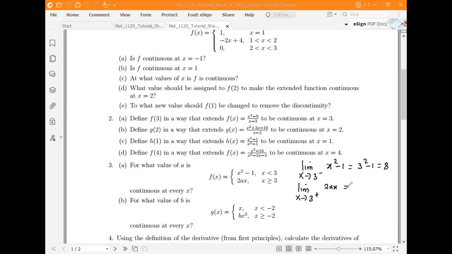When you substitute 3 where there's x, you get 6a. Now, if this function is to be continuous, the first thing is that these two limits should be equal. So 6a should be equal to 8. That's the only way we'll have a limit here. So a is equal to 8 over 6, which is equal to 4 over 3. So we have found the value of a for which the function will be continuous.